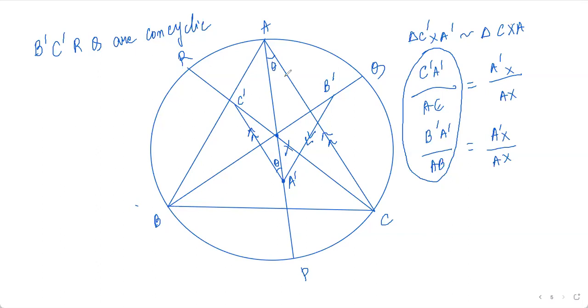Then X A dash B dash is equal to XAB. So angle C dash A dash B dash is equal to angle BAC.